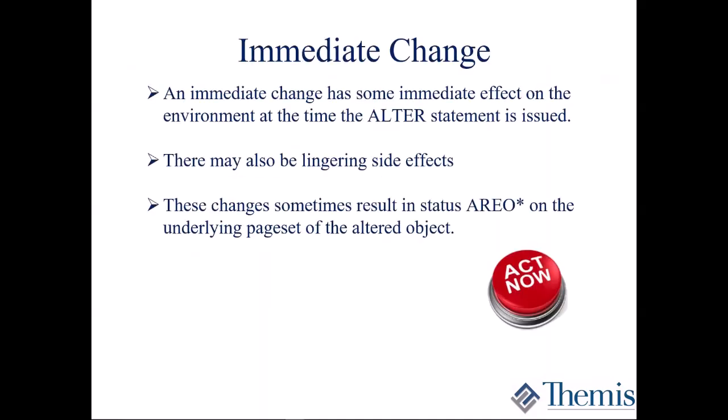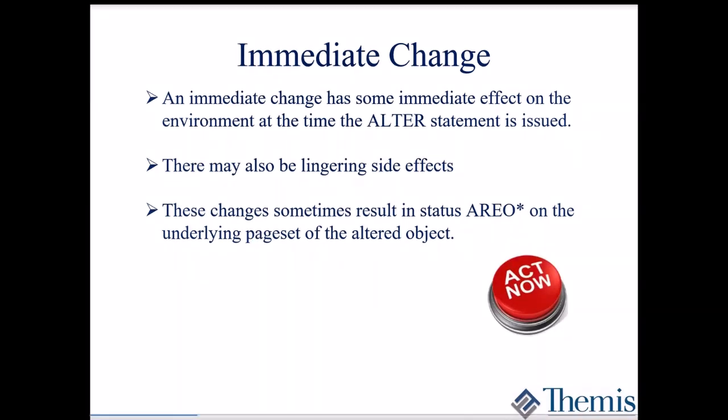Let's say you altered the primary quantity on a table space. That is an immediate change. It immediately is reflected in the Db2 catalog. The fact that the underlying data sets don't really change their primary quantity until you do a reorg or a load replace of that object is what I'll call a lingering side effect. It's actually kind of a big one in that case, right? The primary quantity isn't fully effectively changed.